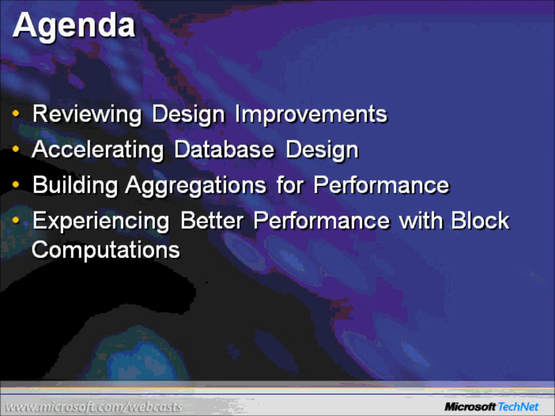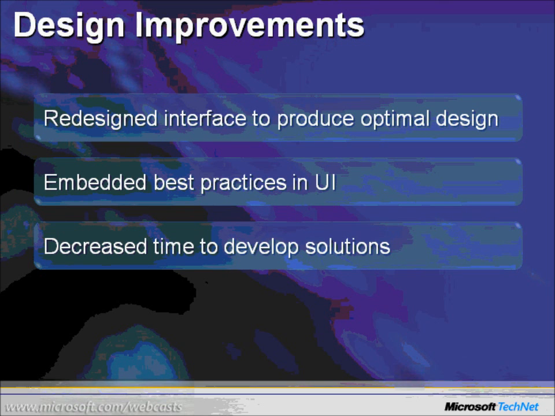Today's part of this 24 Hours of SQL Server is the business intelligence features of SQL Server 2008. Our focus today is going to be the improvements made in Analysis Services. We'll begin with a quick review of the overall design goals of this release of Analysis Services, and then we'll review the features that helped us accelerate the deployment cycle of Analysis Services databases with a better interface for you to use in your environment.